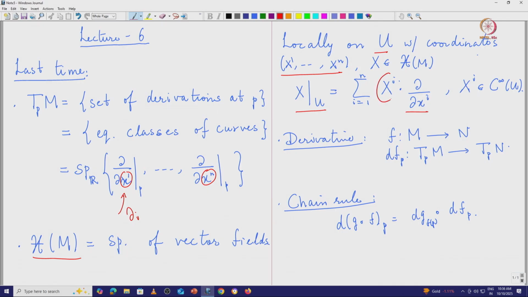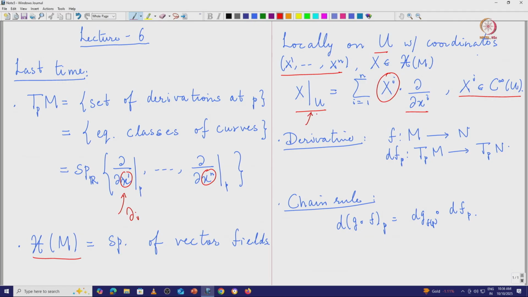So the components need to be smooth functions on this open set. If you remember, the definition of vector fields had two components. Firstly, the value of a vector field at a point P must belong to the tangent space at that point, and secondly the vector field must be smooth. Smooth basically means exactly this statement.